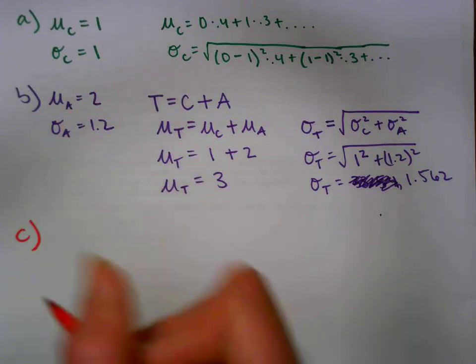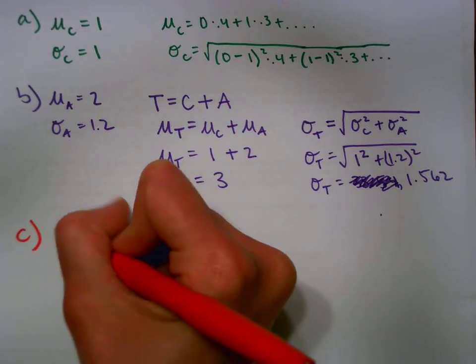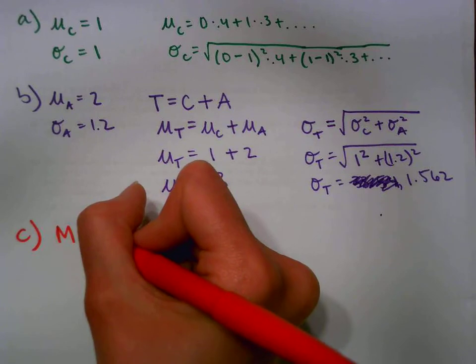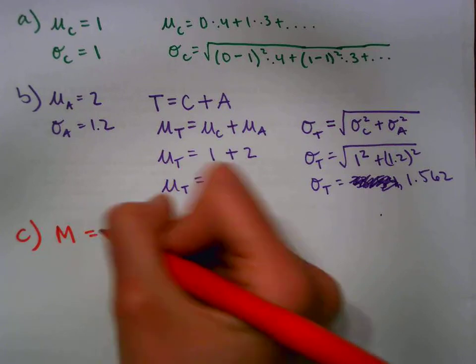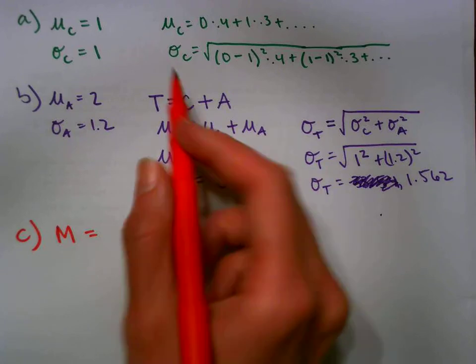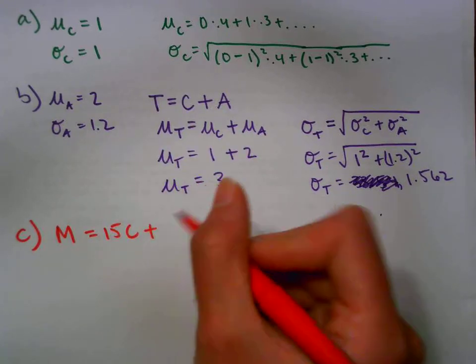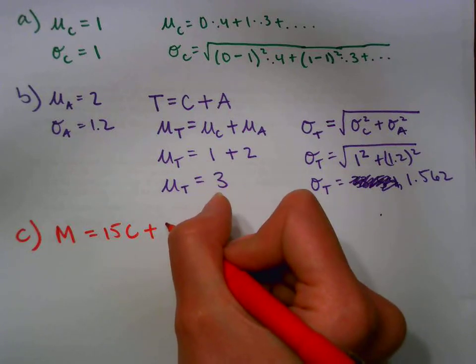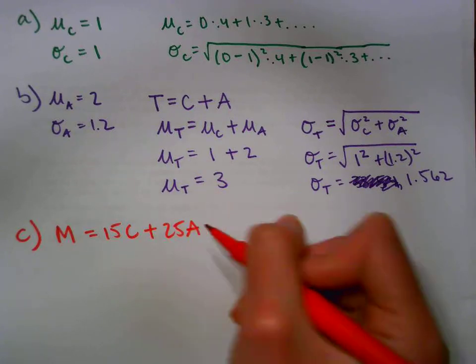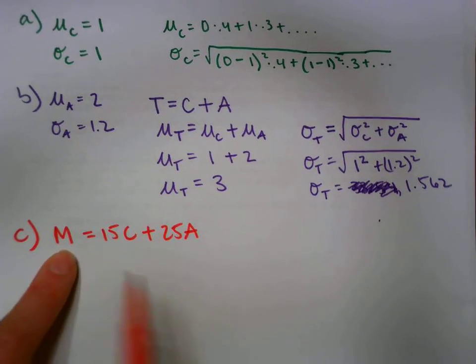Maybe I'll do M, since now I'm talking about money. It doesn't really matter. But now the total amount, the money spent, would be, each child ticket is 15, so 15 times each child ticket, plus each adult ticket is 25. So 25 times however many adult tickets is going to give you the total amount spent on a given day.